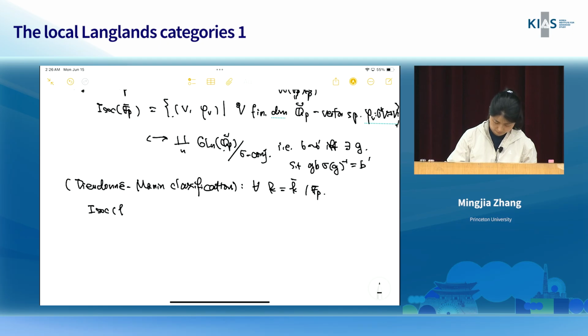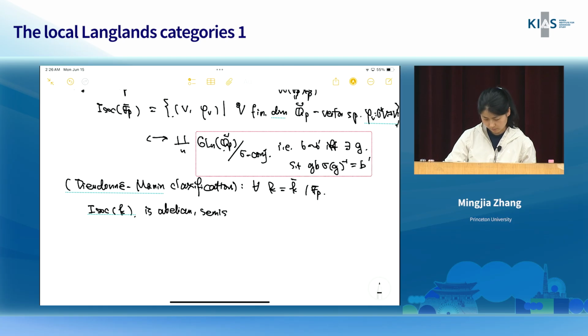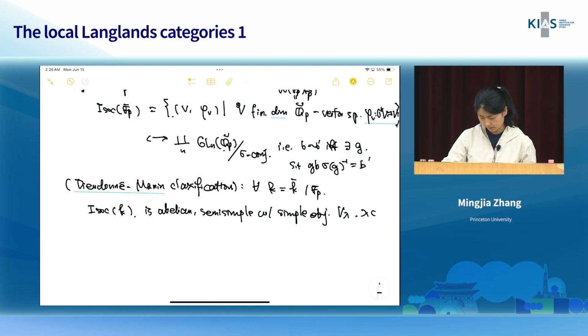Namely, the statement is that for any algebraically closed field K over F_p, Isoc(K) is an abelian semisimple category with simple objects labeled by rational numbers, which are called slopes of these isocrystals.